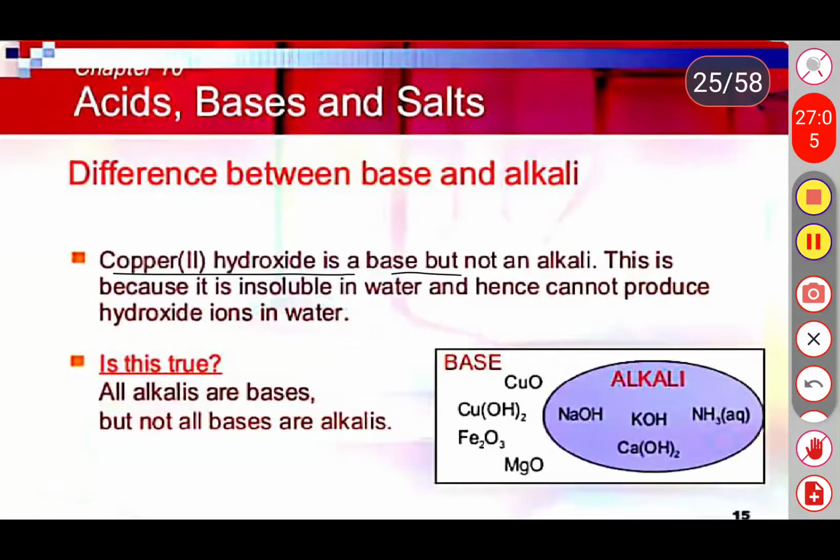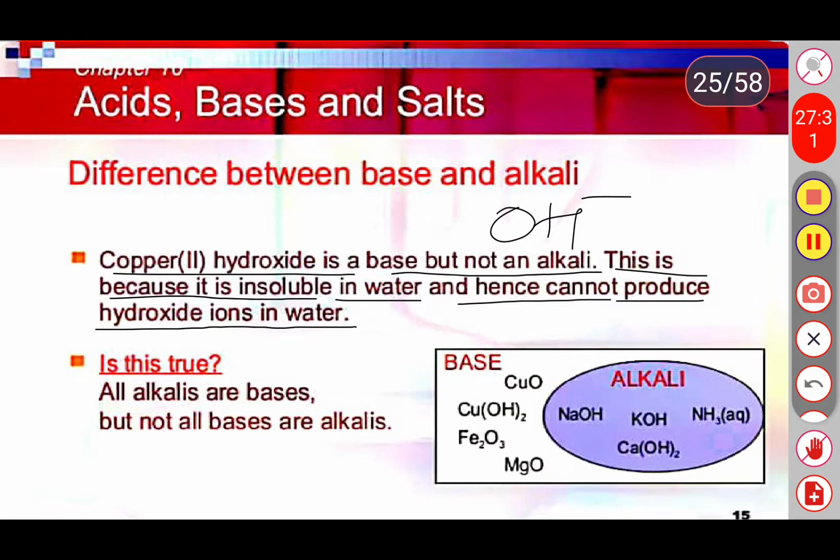This is because it is insoluble in water and hence cannot produce hydroxide ions in water, right? So that's why copper hydroxide is a base. It cannot release the hydroxide ions, or it cannot be completely soluble in water.